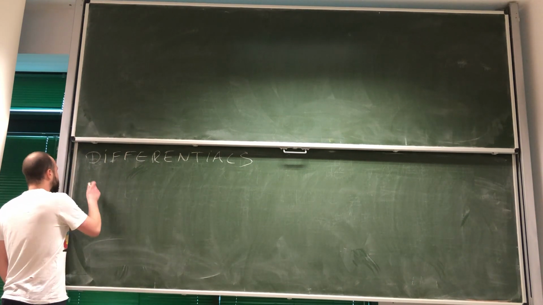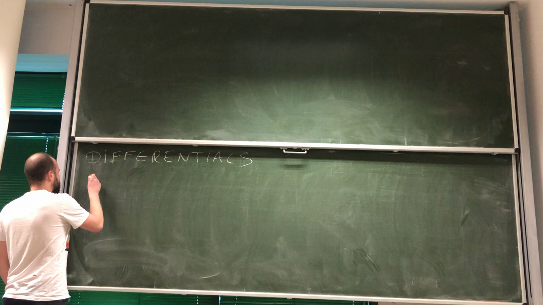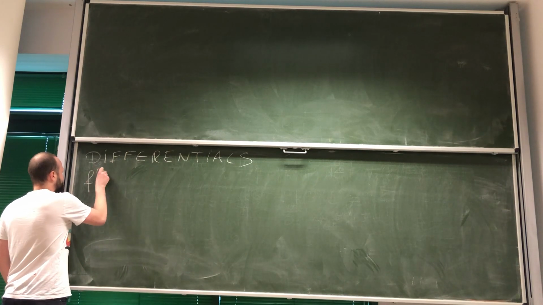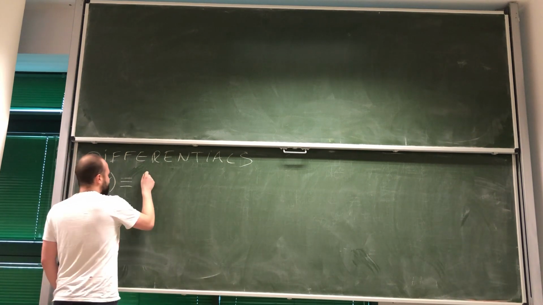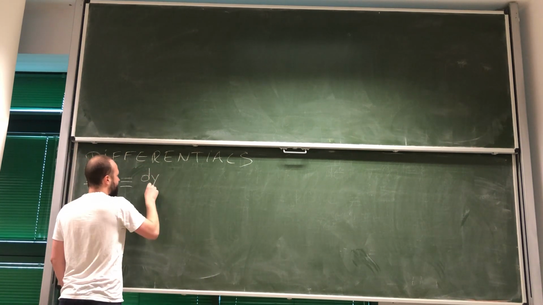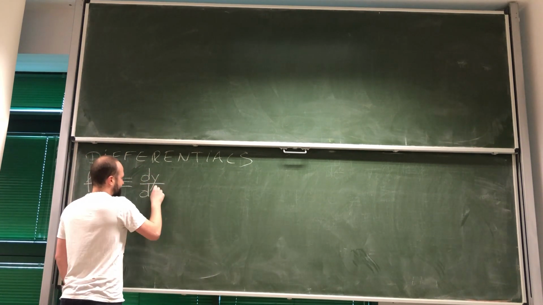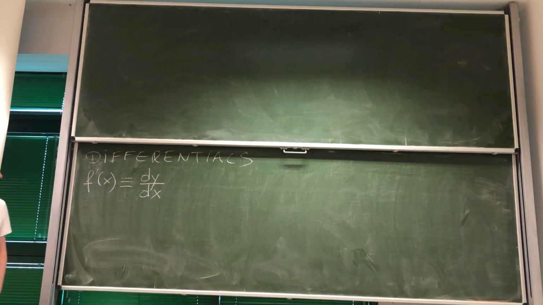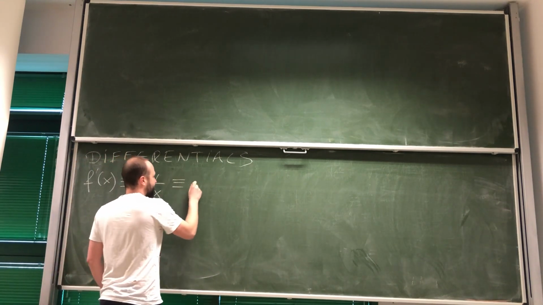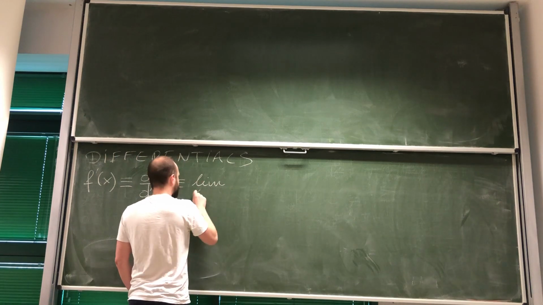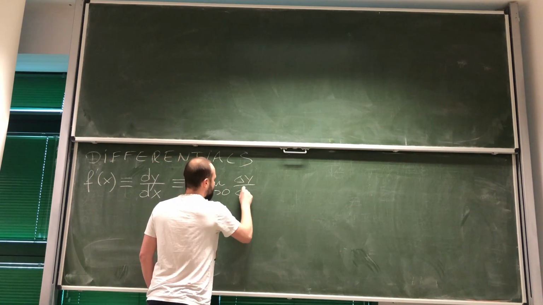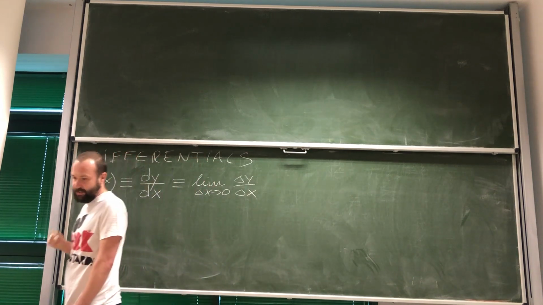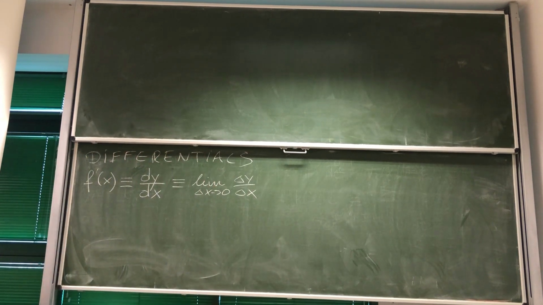Okay, so we know that the derivative of some function y equals f of x, f prime of x, or equivalently stated dy/dx, is defined as a limit, with delta x approaching 0, of the difference quotient delta y over delta x.